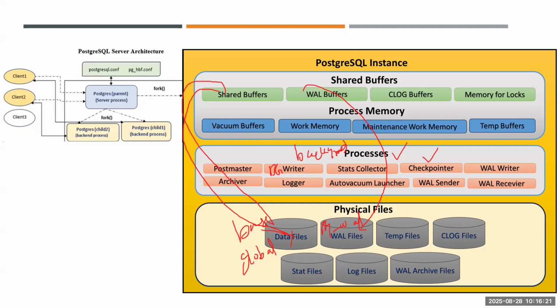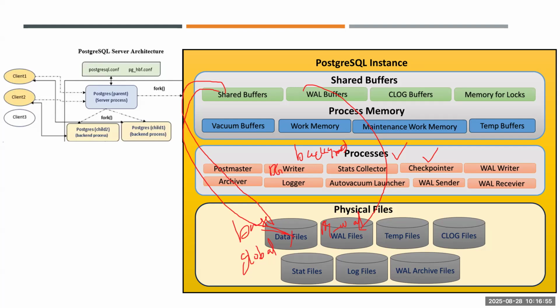Not only writing the information, the checkpointer is also taking some additional responsibility. Whenever you are starting the cluster, stopping the cluster, whenever you issue a commit, or whenever you are taking a backup, or whenever you are creating any database, internally it is triggering the checkpoint.